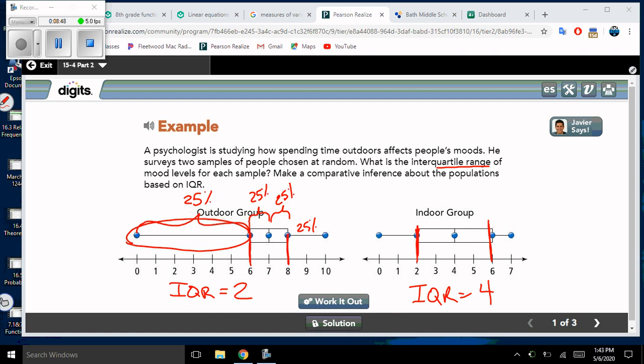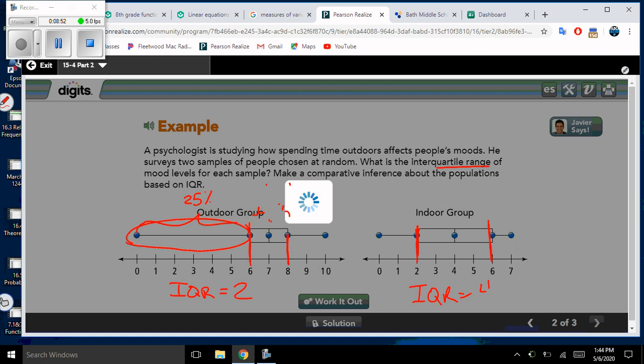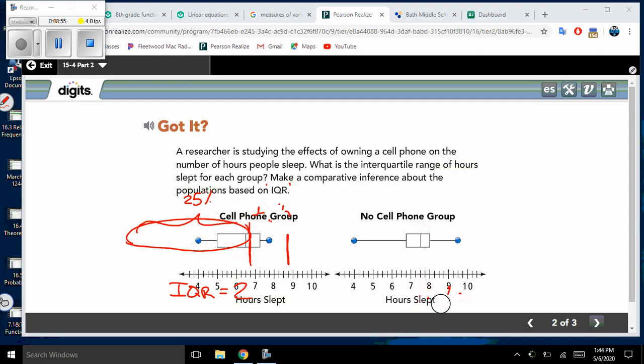All right. Okay. Erase that. Move on to my next problem. And again, we see another box and whisker plot. And again, it says we're looking at the effect of cell phone on the number of hours that people sleep. And so again, if we're looking at the IQR, and this one might be a little tougher to read, but if I look at this and say, all right, that's about 5, and that's about, well, if they're 1, 2, 3, so this would be quarters right here, 7 1/4, 7 1/2, 7 3/4, and 8.